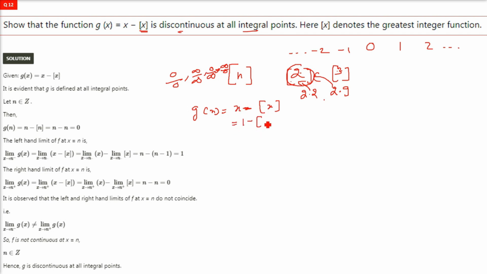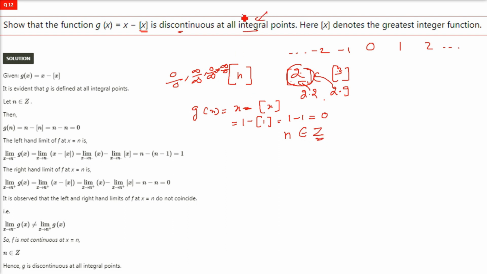That means it is defined. So if you take say 1 minus GIF of 1, GIF of 1 is 1 only. So 1 minus 1 is 0. Okay. Now this value of the function at some n we have already found out. It is 0.